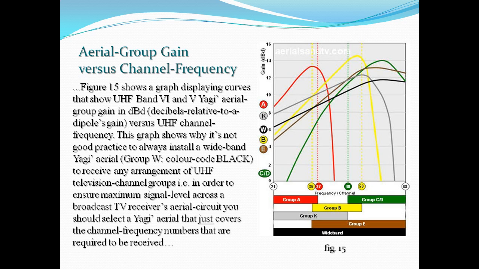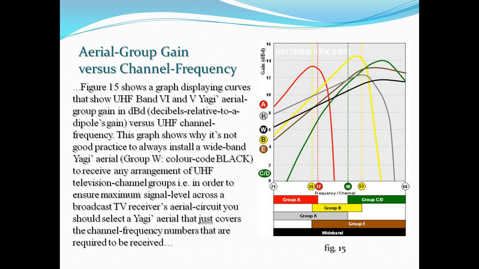That is to say, in order to ensure maximum signal level across a broadcast TV receiver's aerial circuit, you should select a Yagi aerial that just covers the channel frequency numbers required to be received, and it's borne out by the curves shown on the graph in figure 15.